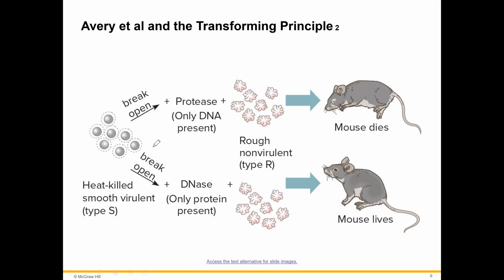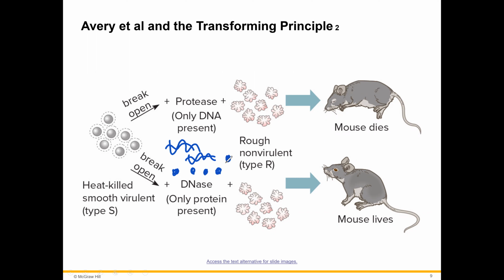Now we don't have living bacteria, but we have both DNA molecules and proteins, right? So let me just draw. We don't have bacteria, but we have DNA molecules and we have some proteins. Let's put them in a circular structure.